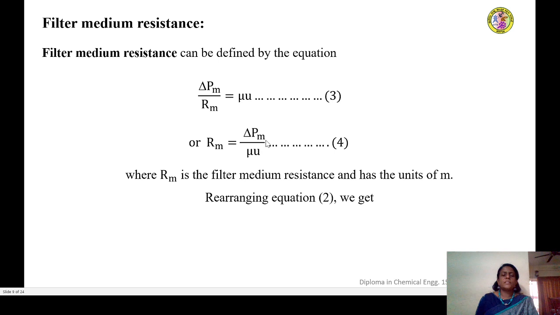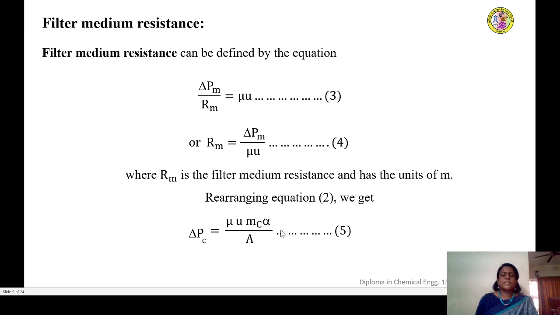Again rearranging equation number 2, we get delta Pc is equal to mu U mc alpha divided by A. Equation number 2 is the equation for the specific cake resistance alpha.